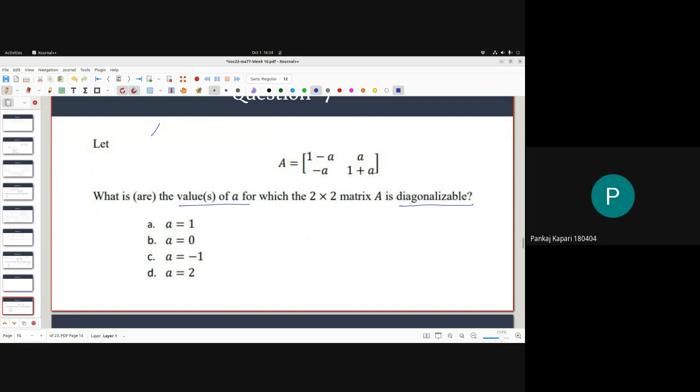We say that a matrix is diagonalizable if A can be written in this form, P D P inverse, a product of these three matrices, where P is an invertible matrix and D is precisely a diagonal matrix. So then we say that the matrix A is diagonalizable.